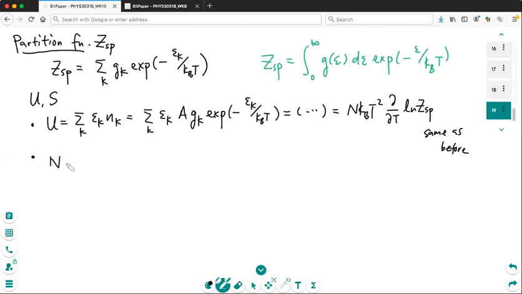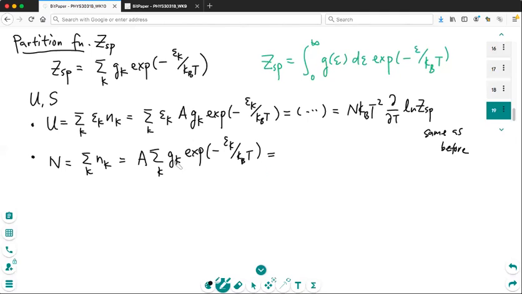Okay, another one we want to do is to calculate N. N is the sum over k of Nk, the definition of total number of particles. And this is just A times the sum over k of gk exponential of minus epsilon k over kB T. So I just copied the definition of Nk, but this parameter A is not relevant when it comes to summation, so I can pull it out.